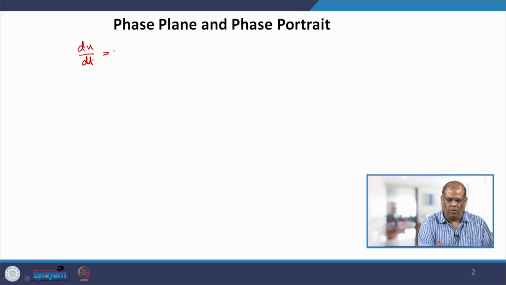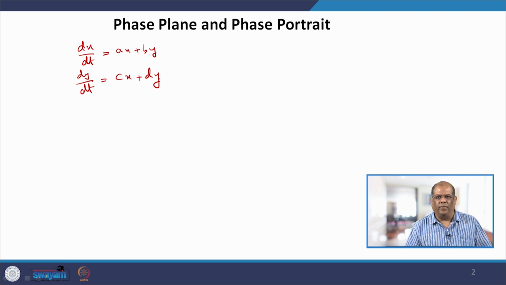Consider the differential equation dx/dt equal to ax plus by, dy/dt equal to cx plus dy. On the right hand side, as you can see, the terms are all linear. The idea is, even if you have nonlinear terms, you linearize the system and then write it in this particular form.